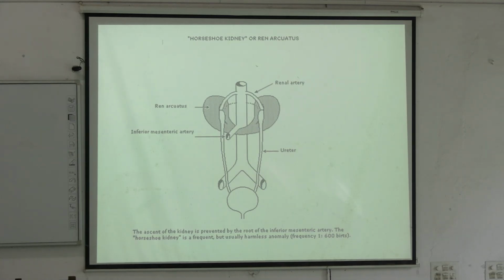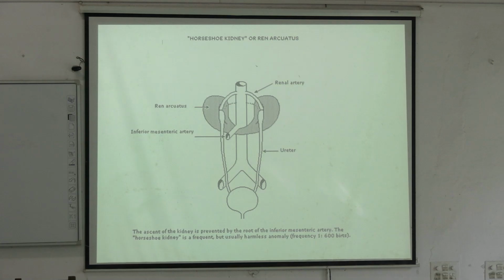It looks like a horseshoe. As the horseshoe kidney is climbing up, it gets arrested because the two are joined at the lower pole. The artery coming from the ventral part of the abdominal aorta, most notably the inferior mesenteric artery, can arrest the climbing of the kidney and settle it on that side. So the kidney ascent may be arrested, that's the point.